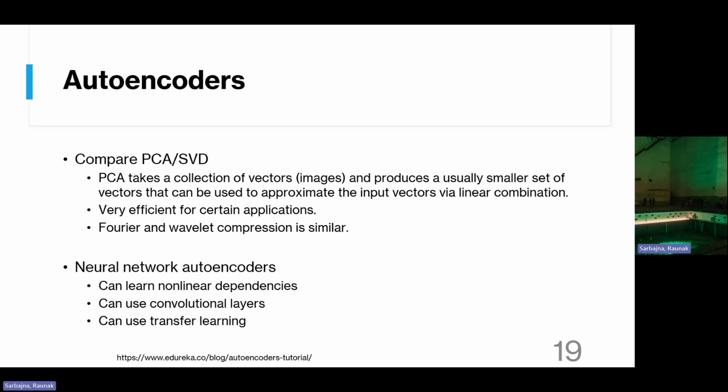If you have done Fourier transforms, fast Fourier transforms, or weighted regressions, PCA and SVD kind of work the same. But comparing principal component analysis and support vector machines to autoencoders, the advantage of autoencoders is that they can learn nonlinear dependencies. Right. Nonlinear dependencies means that one attribute does not linearly depend on the other attribute.